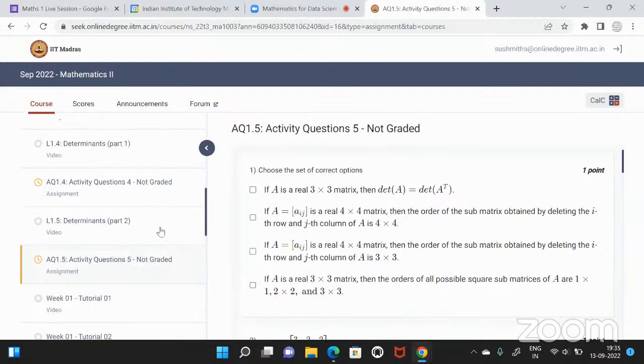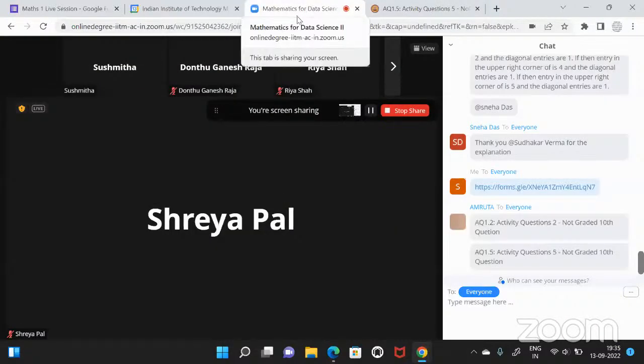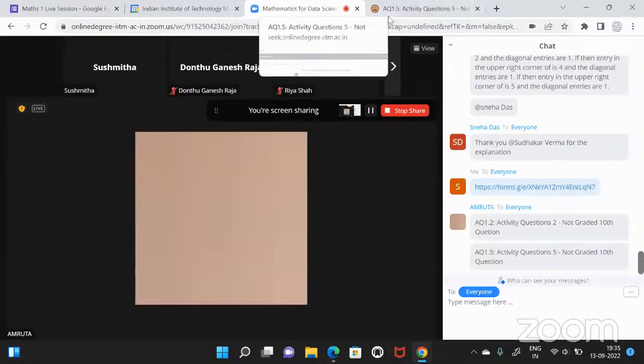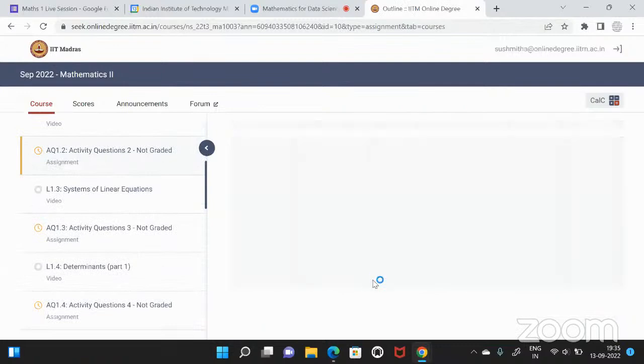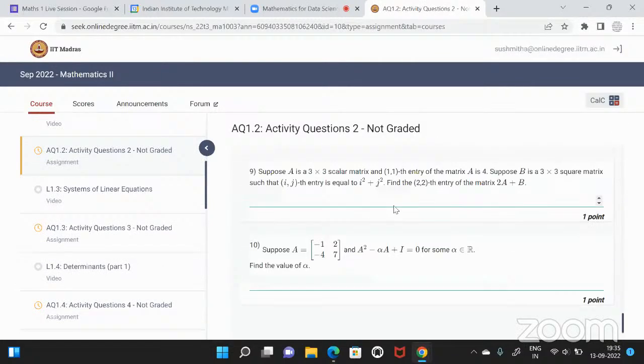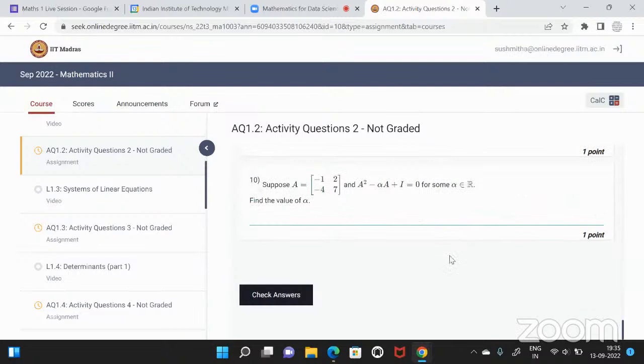Yes, Amrita. It is activity question 1.2, or the 10th question. Here I tried to solve this matrix, but my answer is coming as -1.